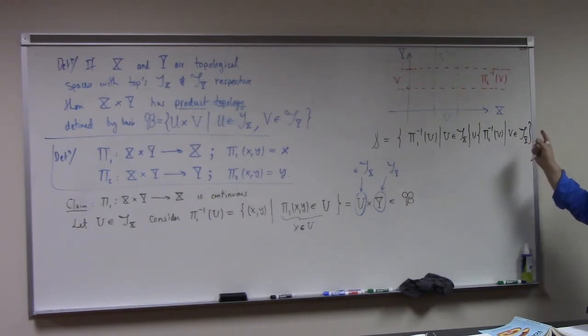So finite intersections of these strips give you rectangles, for our heuristic picture, and those, of course, actually are of the form U cross V, which is the basis. So anyway, that's a kind of non-trivial and very abstract example of the subbasis, but there it is.